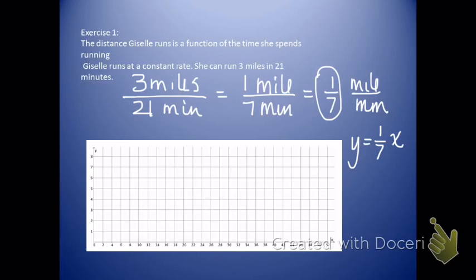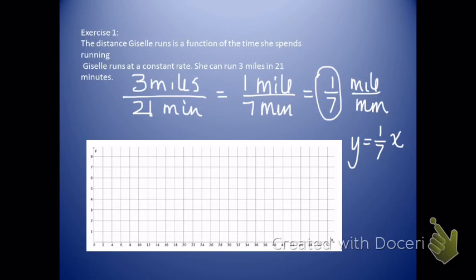So we're going to do a graph now, and it's going to have her time in minutes on the x-axis or the horizontal axis. Remember, this is our input, and then the output is going to be the distance that she runs. So we can put any number in here for time, and it will give us distance.